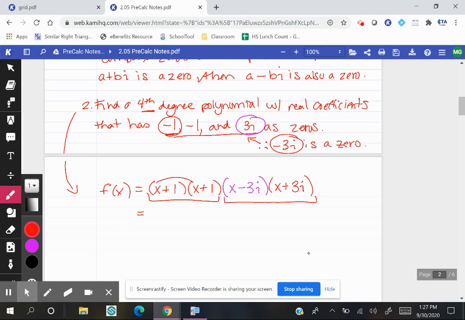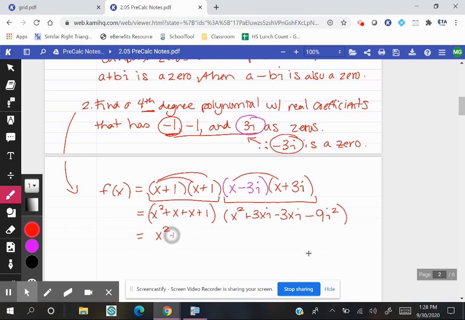So first we're just going to do x times x is x squared plus 1x plus 1x plus 1. And over here, you're going to FOIL these, so we get x squared plus 3xi minus 3xi minus 9i squared. And let's simplify.